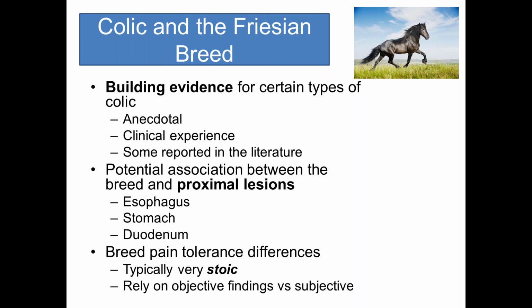And so the thing that I harp on, certainly with students, interns, and residents, as well as for myself when I'm dealing with any draft horse that comes in for colic, is I rely heavily on objective findings rather than the subjective. If the heart rate is even mildly elevated, that is significant for me that there is something more aggressive or more serious going on, even if he looks comfortable and wants to eat and isn't showing any of the classic colic signs.